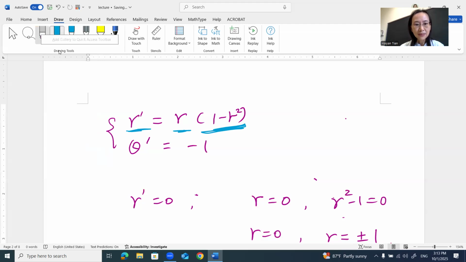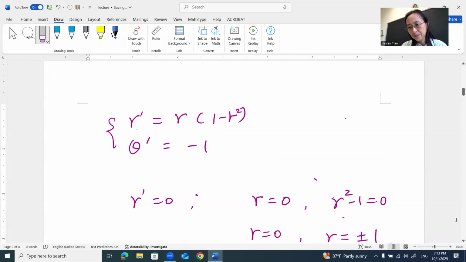Since r is increasing, and also theta is decreasing, that means r increasing but theta decreasing means the curve will go clockwise.